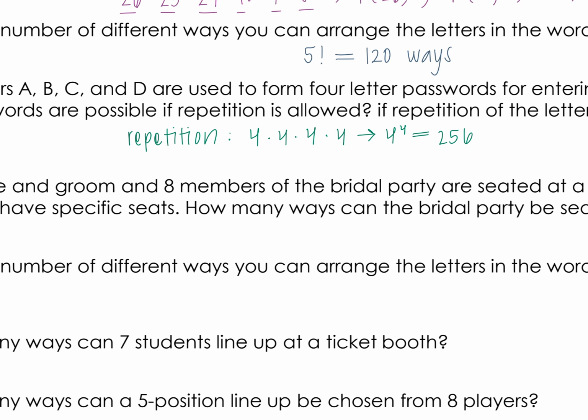Okay, then if we are not repeating, so no repetition, then we are going to just go from 4 times 3 times 2 times 1, which is the same thing as my 4 factorial, and we would get 24.